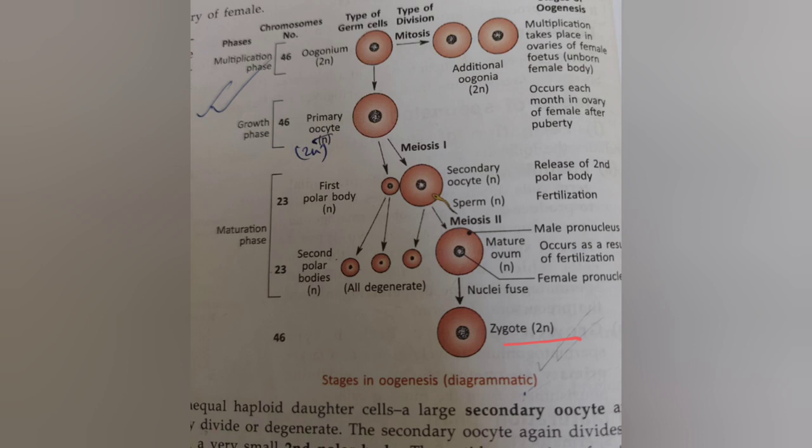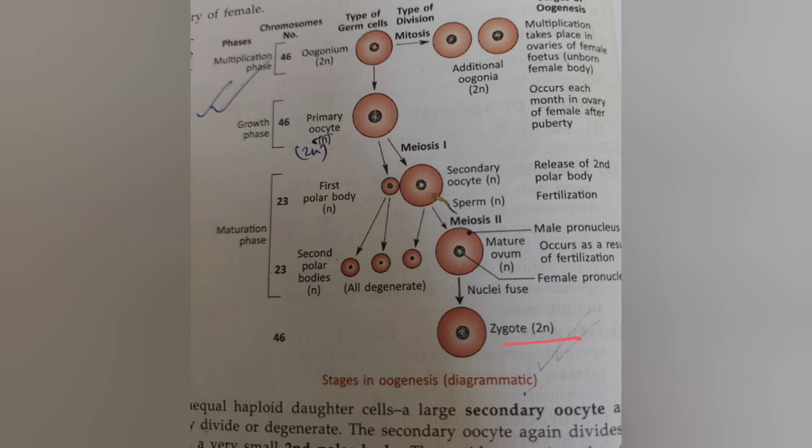so you will have to learn this whole flowchart of oogenesis very well. In the online class I have also given you a flowchart, so if you don't want to learn from the book, if you want to learn that, that is very much okay, but you will have to learn the flowchart, because a total of 4 or 5 marks question can come from these two flowcharts, either the spermatogenesis or the oogenesis.